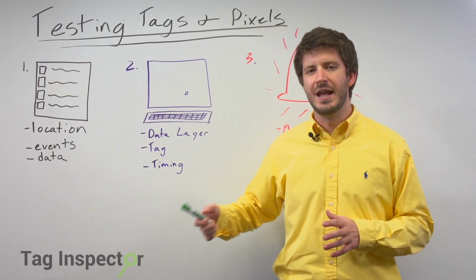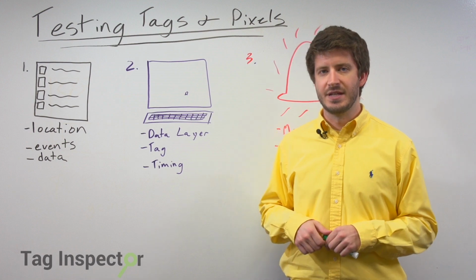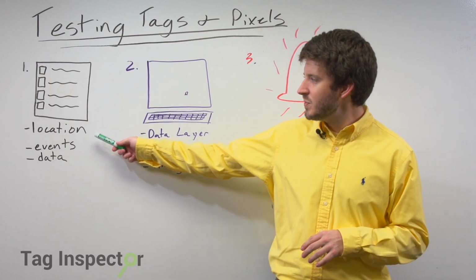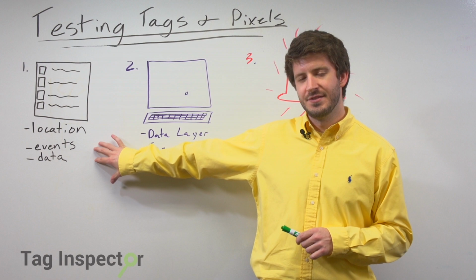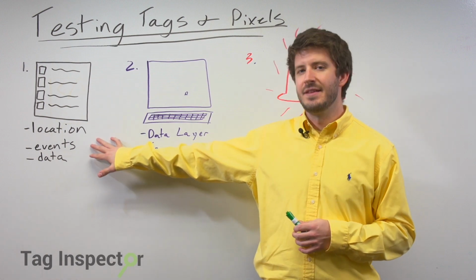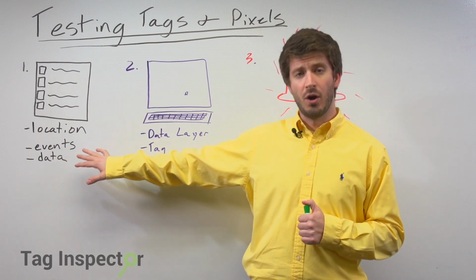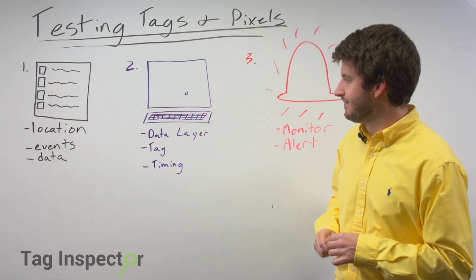So what are the data points that we're expecting to be collected in those different areas? Once we know these requirements, we now know what we're testing against. We know what areas of the site we're going to be looking at, and we know exactly what we're looking for as we get into the process.